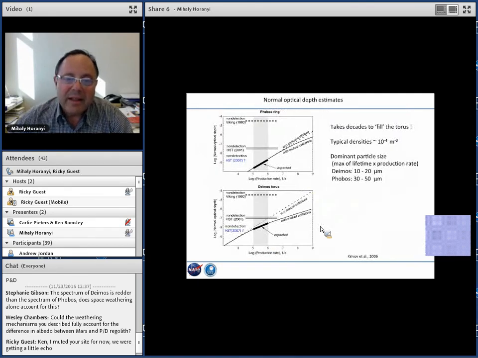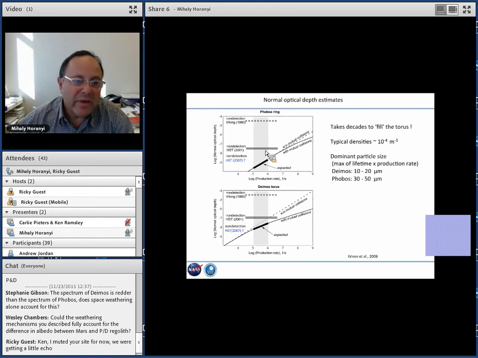You could certainly look for these things, and there were Hubble Space Telescope efforts to find the dust torus around Mars. These horizontal lines show our ability to look for this dust as far as optical depth goes.